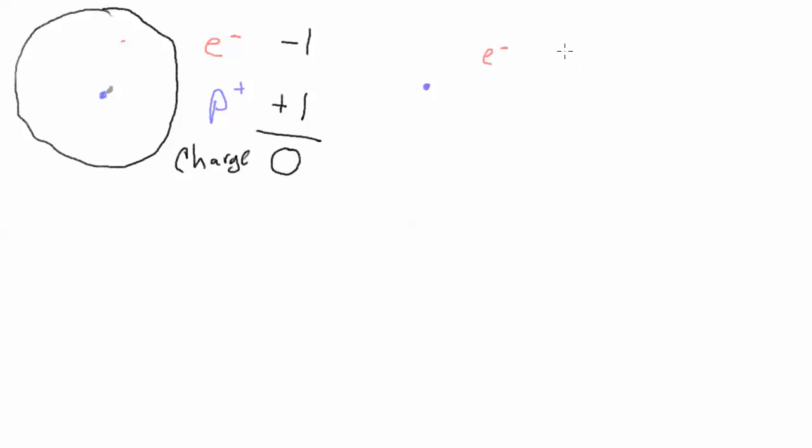So 0. There's 0 charge from electrons because there is no electron. And there's still the one proton, and protons are positive, so you get +1 from that, which means the charge for this hydrogen atom is +1.